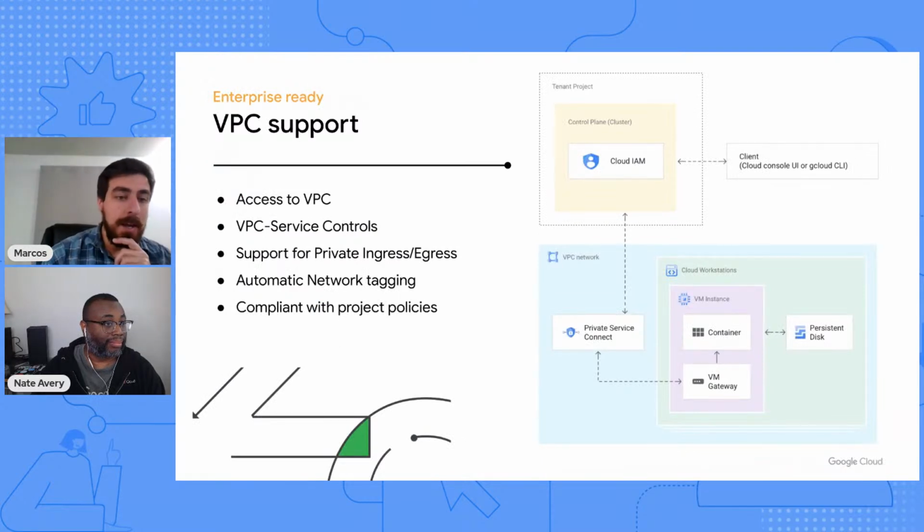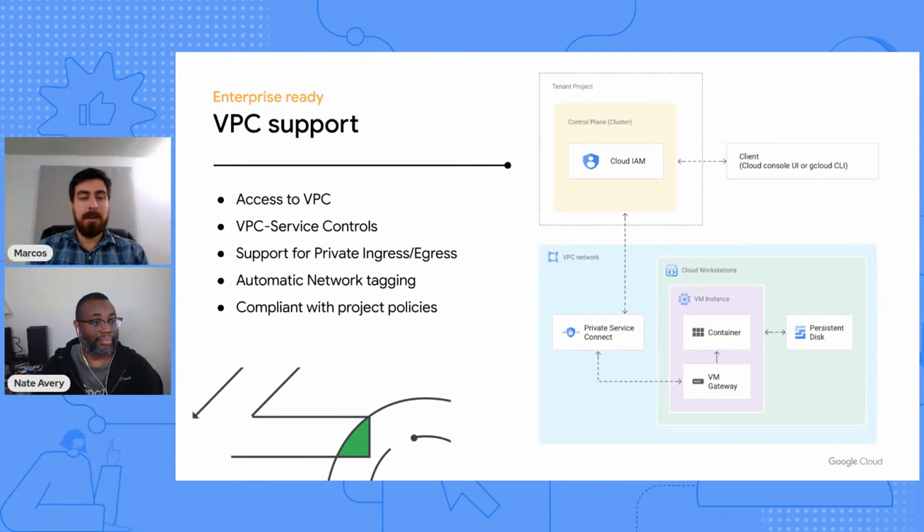One key element we saw many of our customers needing is to have the development environments inside the virtual private cloud and inside their projects. So the key idea here with workstations, despite it being a managed service, is that we're creating all the resources directly within your virtual private cloud.